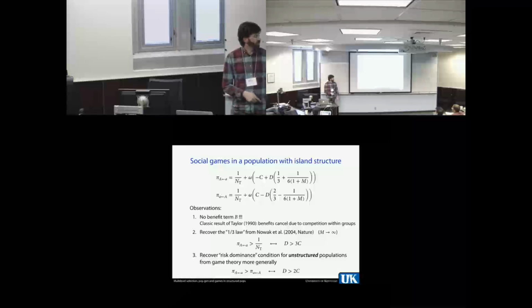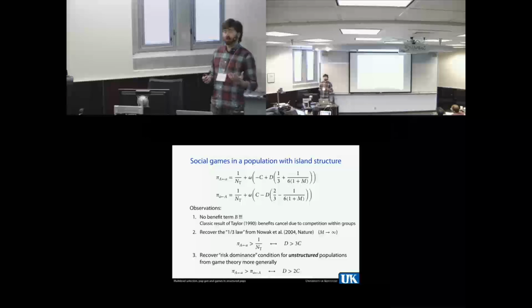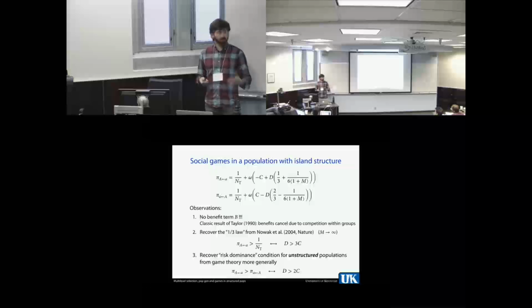As well, when you actually look at the full condition for success, and this is really the important condition, not this one, then the condition is that the synergy has to be greater than twice the cost. And if you translate this back into more classical evolutionary and otherwise game theory, this is called risk dominance. There became a big problem: we know we can solve games, and games have potentially multiple Nash equilibria. How do we know which Nash equilibrium is the one that rational agents should choose?